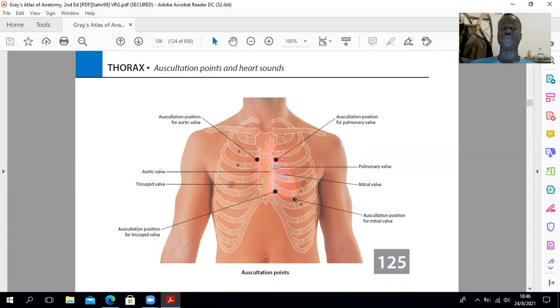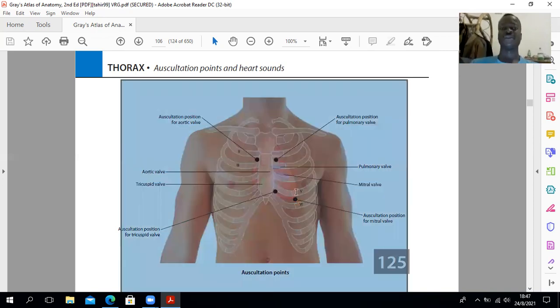Because remember, the apex of the heart is directed downwards, forwards, and to the left. Then the tricuspid valve is best auscultated in the lower end of your sternum, right?